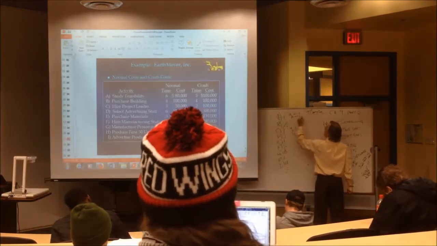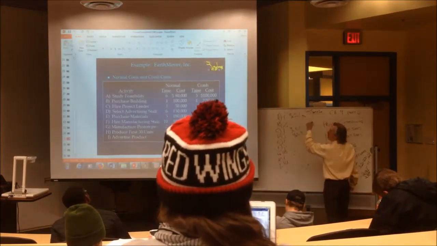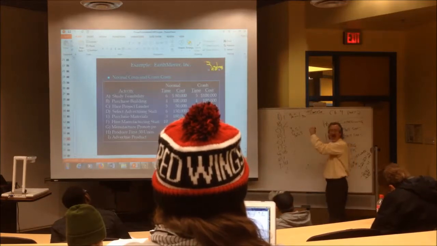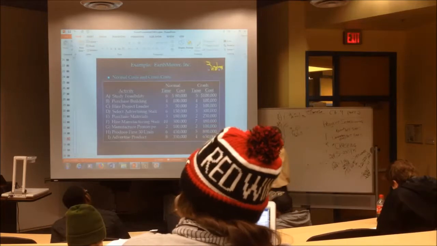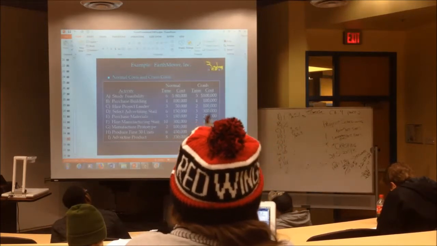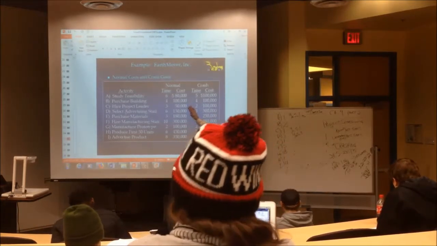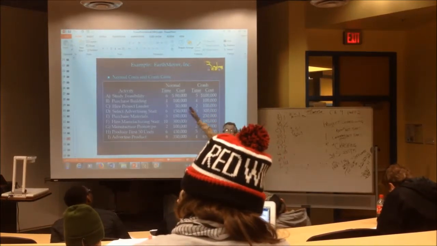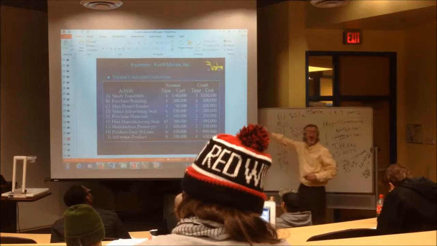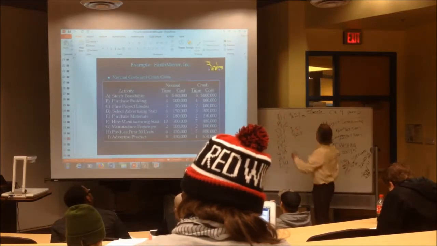Let's start with A. What will be the cost for 1 unit of time crashed in activity A? 20,000. If we're paying 80,000 for 6 units of time, and it's going to cost us 100,000 for 5 units of time, that is an additional cost of $20,000 divided by 1 unit.